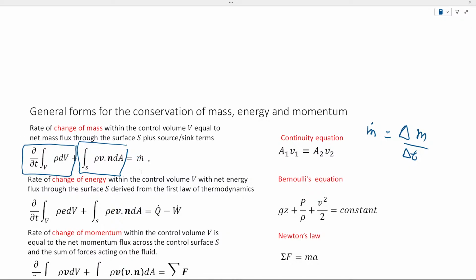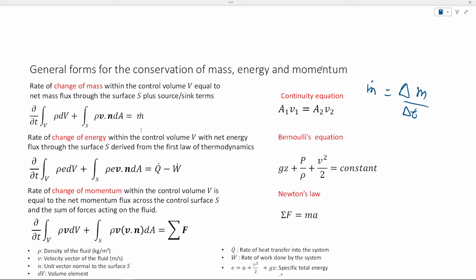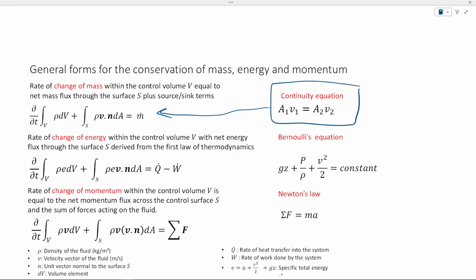And from this equation, this is the general form of something we have used before, the continuity equation. So remember, the continuity equation is just a special case of this one.